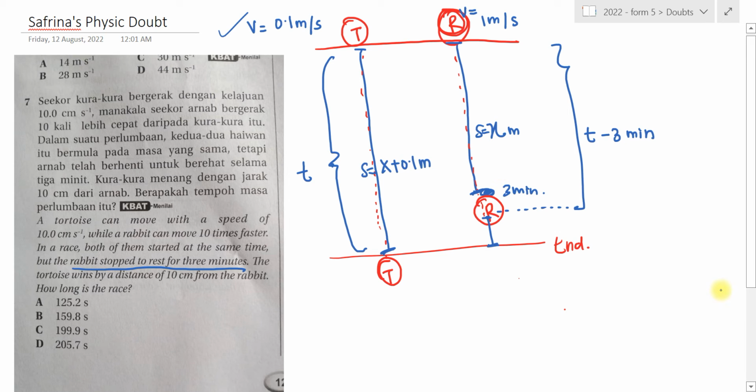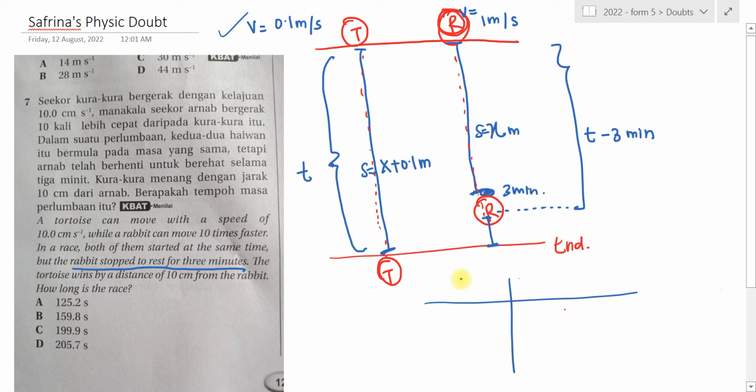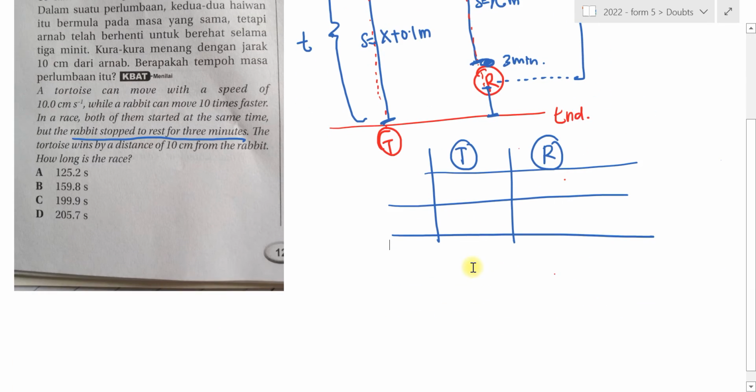Okay, so let's put this into a table now. Let this be the tortoise, this the rabbit. We want to investigate kinematics in 3 dimensions. What are the dimensions involved in kinematics? Kinematics means the movement. So displacement, time, and velocity.